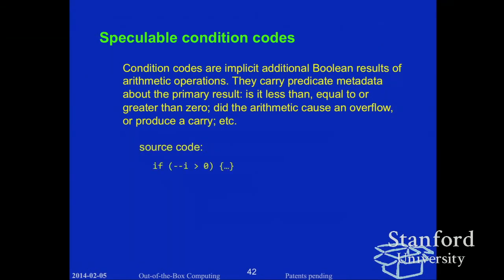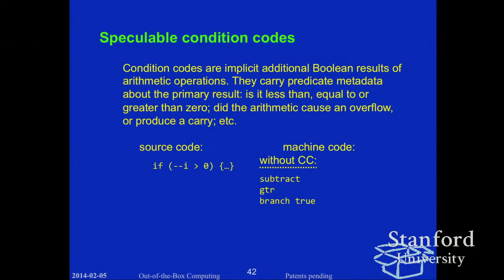So say that's our source code, and this is the typical bottom of a counting loop. Are we at the end of the loop? We decrement I, and if it's greater than 0, we will go to the top of the loop or do something. In machine code, if there are no condition codes, you have to do a subtract on the I to decrement it.